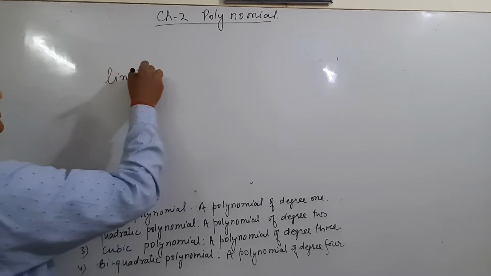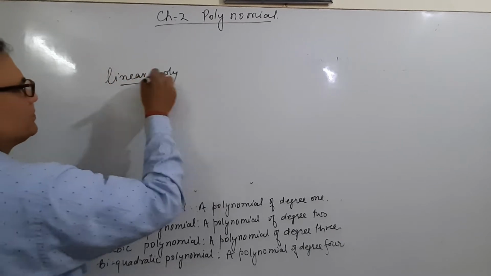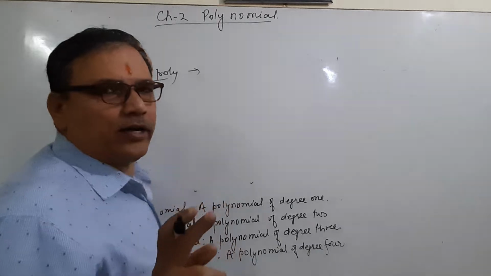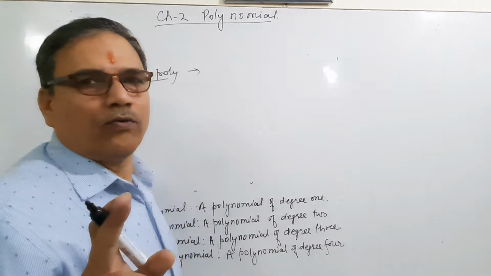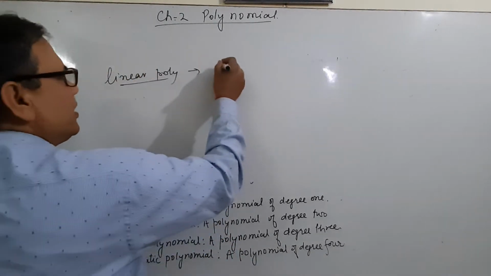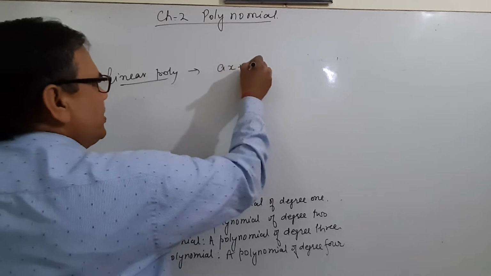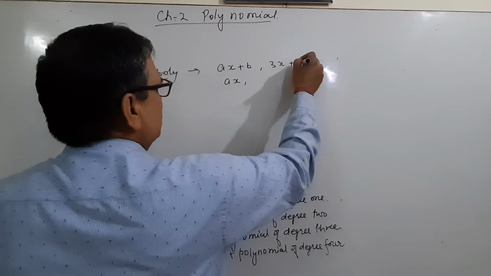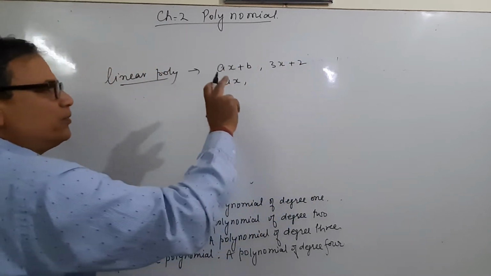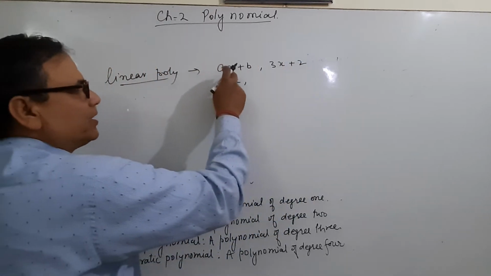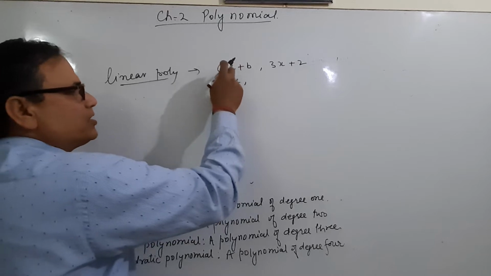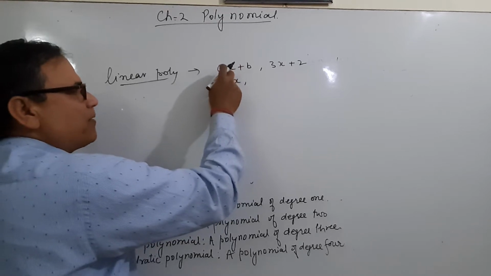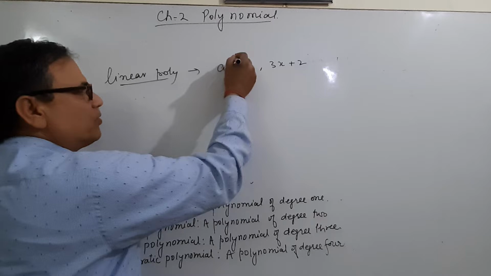Linear polynomial. The polynomial with degree 1 means ax plus b, ax, or 3x plus 2. It may contain 1 term or 2 terms, but the highest power of the polynomial is always equal to 1.